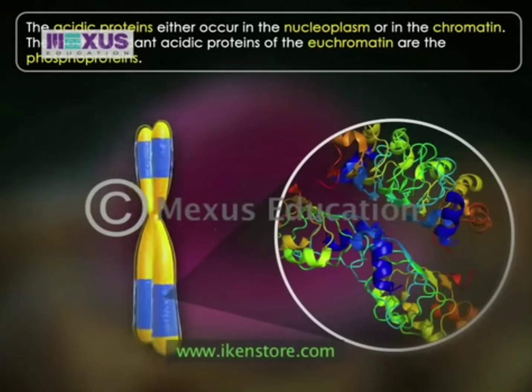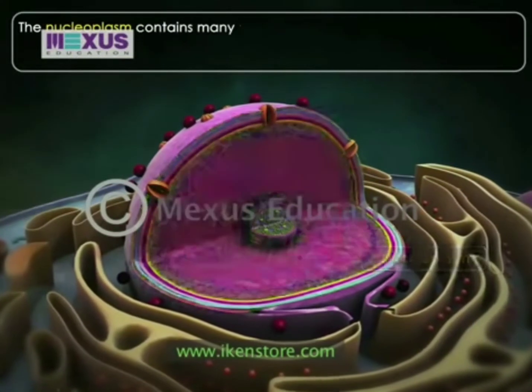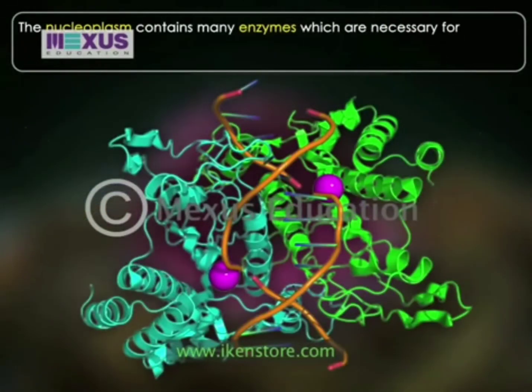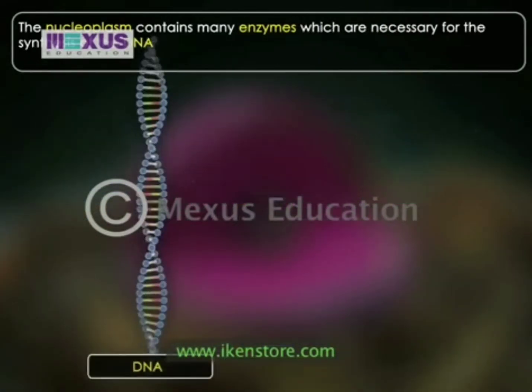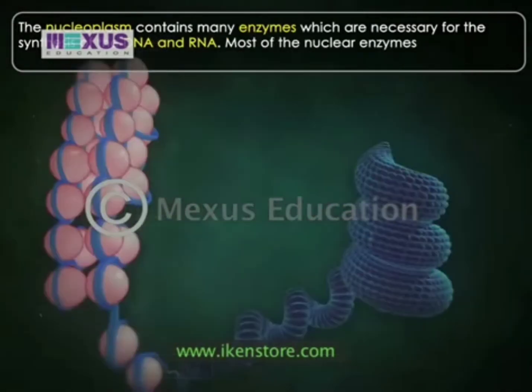The nucleoplasm contains many enzymes which are necessary for the synthesis of DNA and RNA. Most of the nuclear enzymes are composed of non-histone acidic proteins.